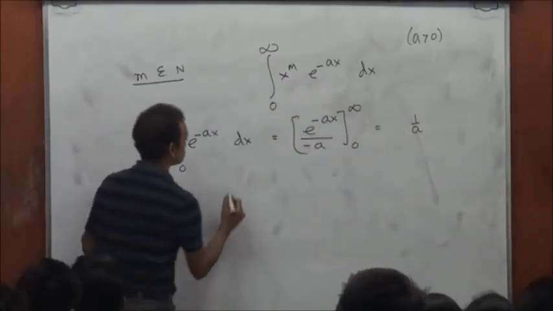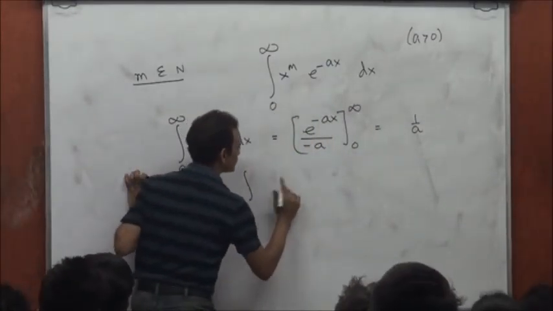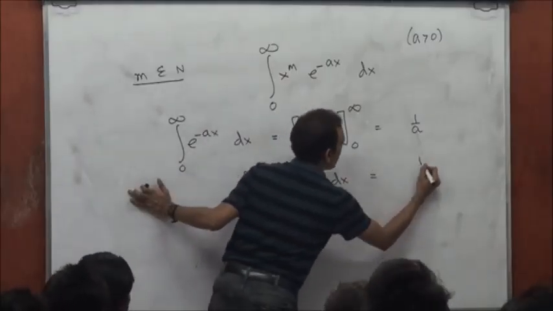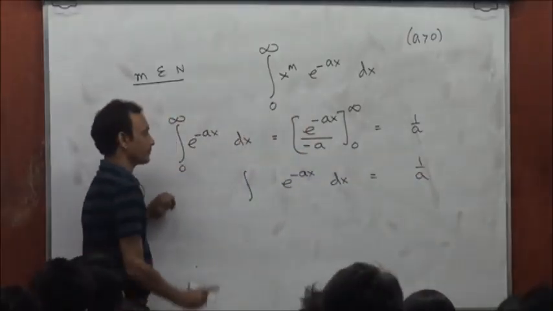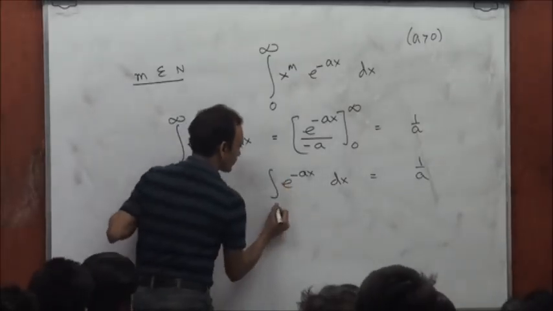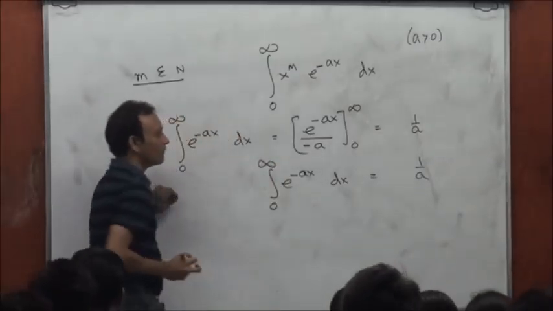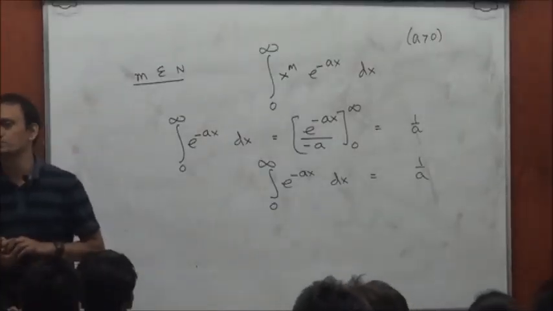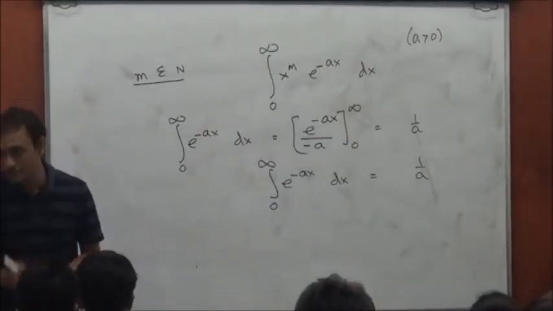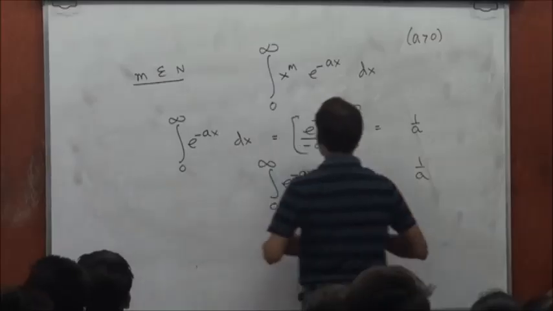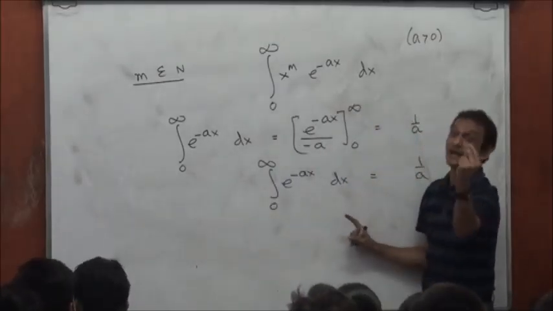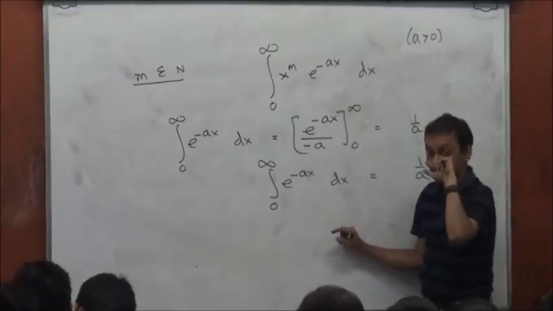Yes or no? So the integral of e power minus ax dx from 0 to infinity is 1 by a. Treat a as a parameter. Differentiate both sides with respect to a keeping x constant.